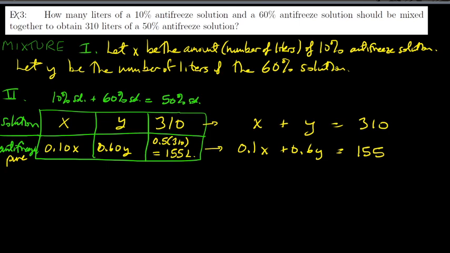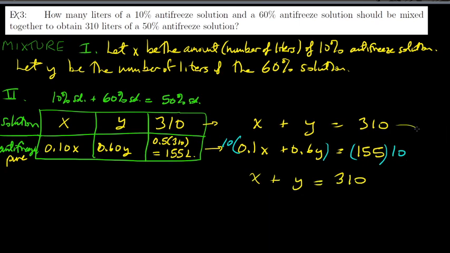Okay. So whichever method you use to solve this, substitution or the addition method, again, I like to get rid of the decimals, so I multiplied by 10 here. You can multiply by 100, but it's not necessary. So here's the first equation.